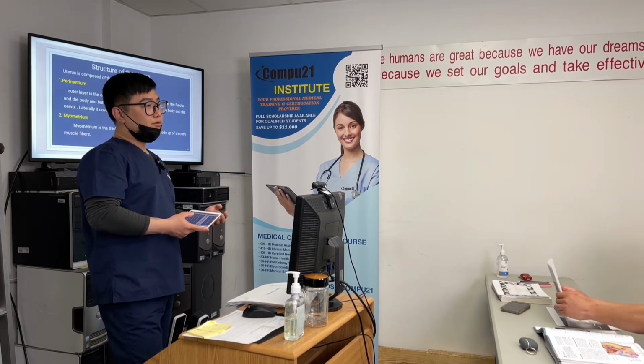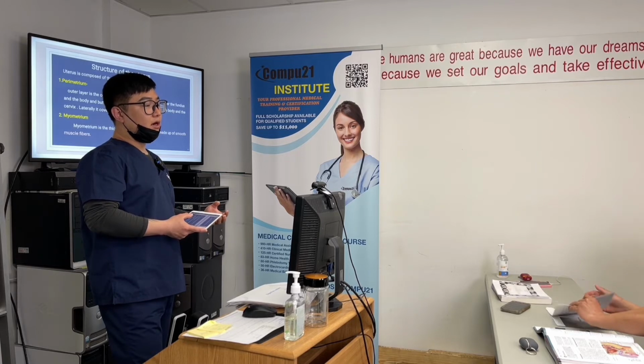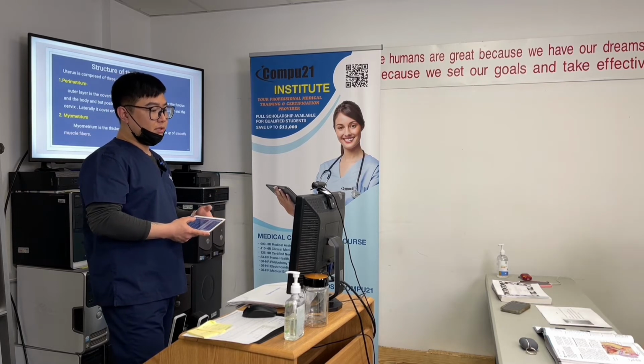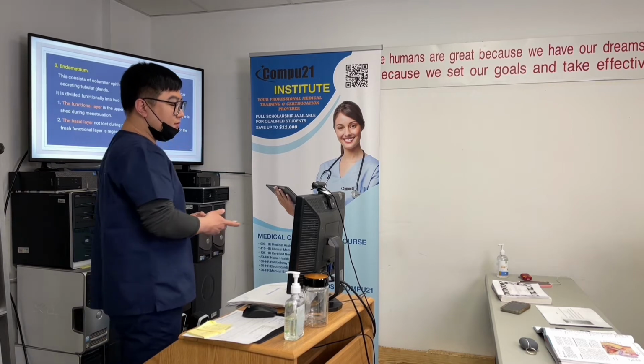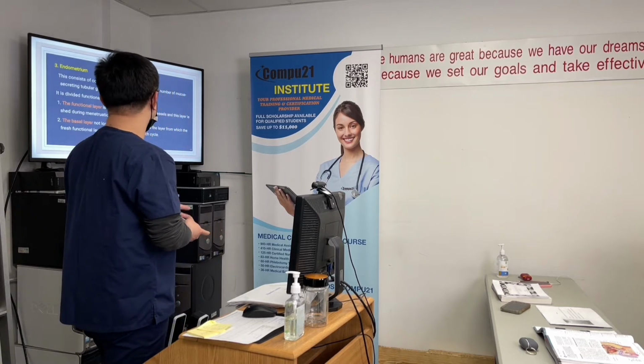Did you guys remember last module we studied the heart? We have three layers: pericardium, myocardium, and endocardium. Good. I think the function is not the same, but it looks very similar.